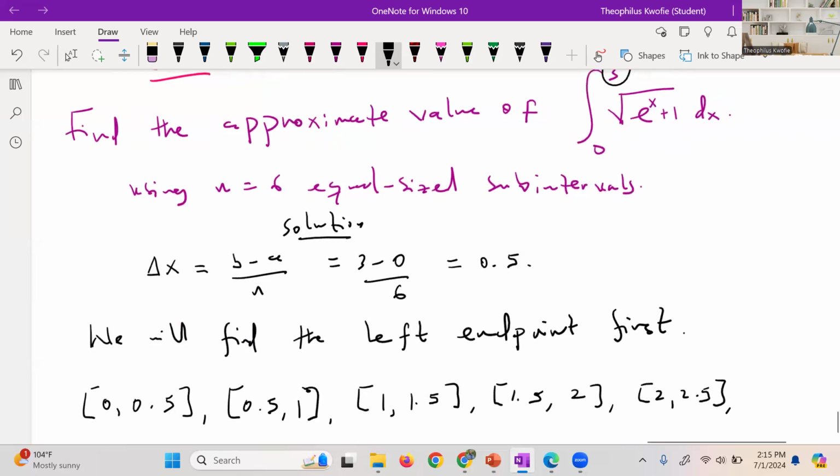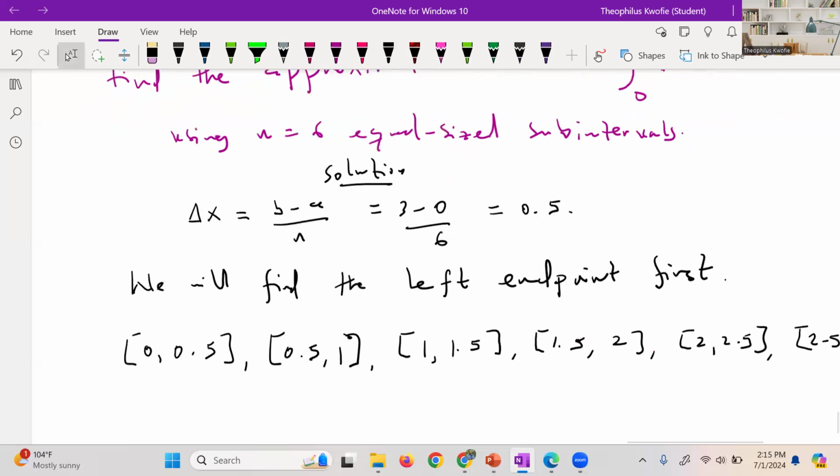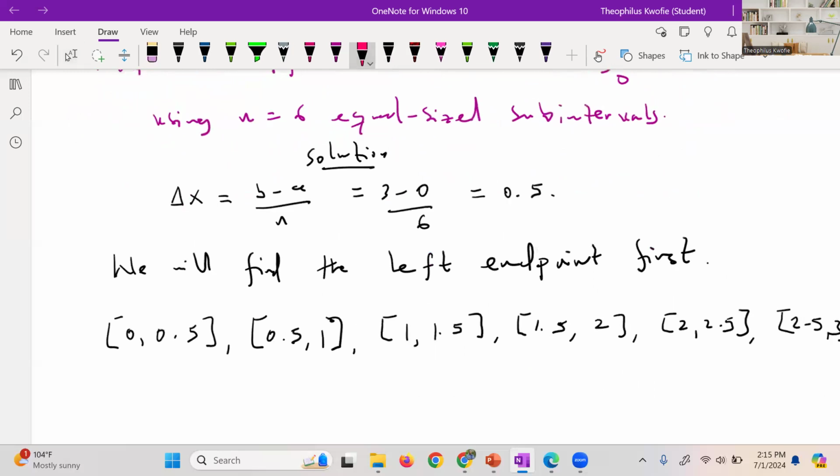And then from 2.5 to 3, as our subintervals. So these ones are subintervals, okay? So we call these the subintervals.